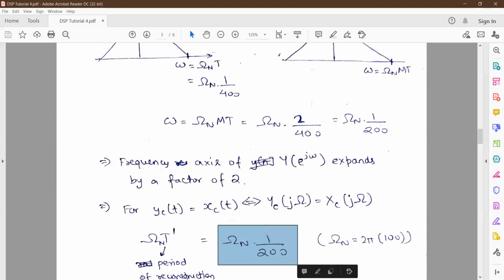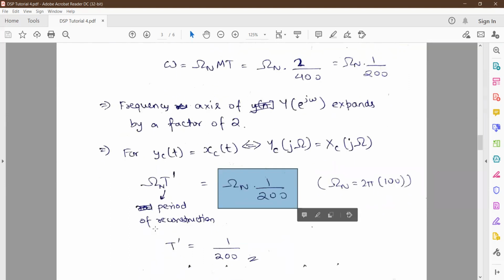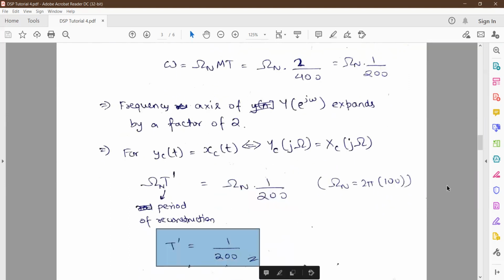And from this, we find that T dash is equal to 1 by 200. So this is the T dash if we want to completely reconstruct the signal after considering that the frequency axis has expanded by a factor of 2 due to downsampling.